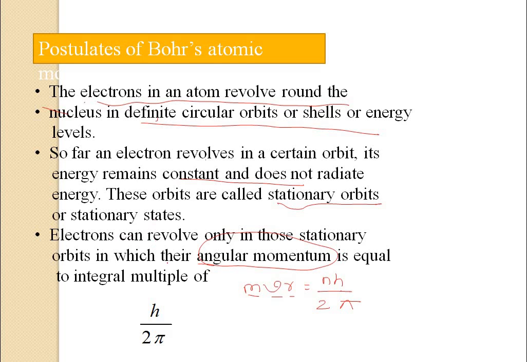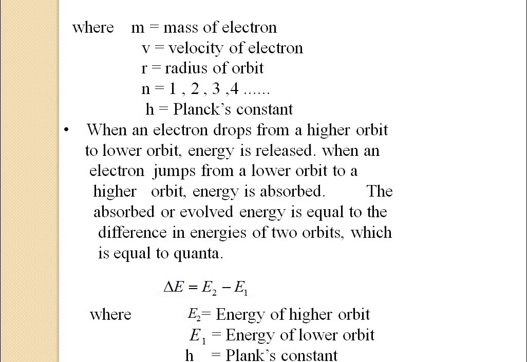Electrons can revolve only in those stationary orbits in which the angular momentum is nh by 2 pi, where h is Planck's constant and 2 pi is a constant. In the formula mvr equals nh by 2 pi, m is the mass of the electron, v is the velocity of the electron, r is the radius of the orbit, n is the principal quantum number, that is 1, 2, 3, 4 and so on, and h is Planck's constant.